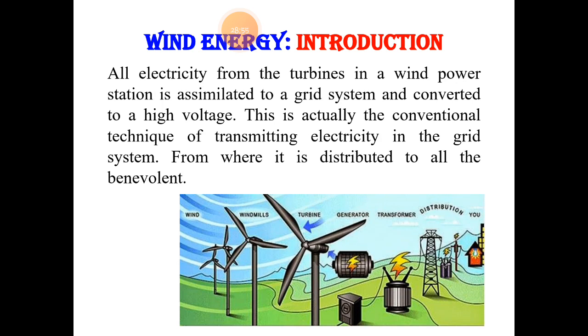A windmill has gears connected to a shaft to accelerate the speed of blades attached to it. Now, the shaft is connected to a generator and even a transformer that stores and distributes the electric energy to the needy. This is what you see in the picture down here. Wind strikes the turbines, that is exactly the blades of the turbines.